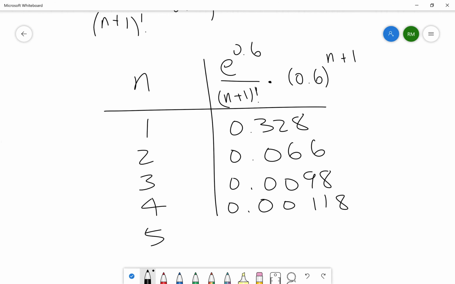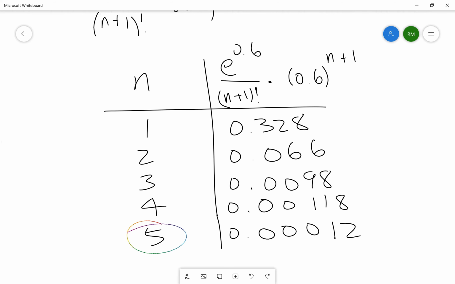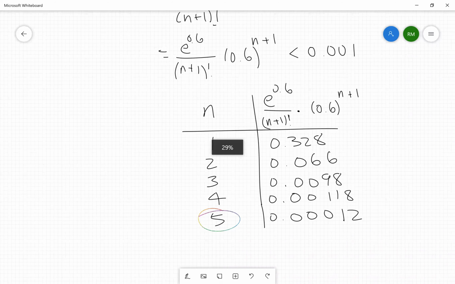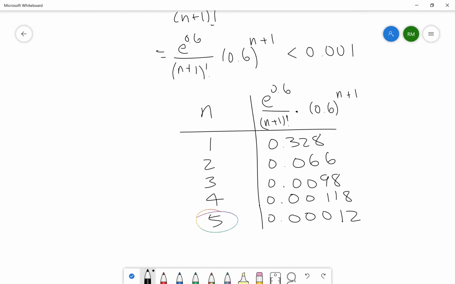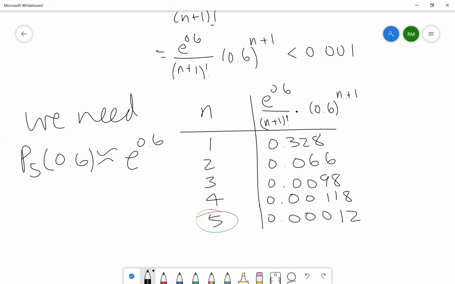And then I have 5, which is 0.00012, roughly. And so here we have a winner. So what this tells us is we need P5 of 0.6 to approximate e to the 0.6 within 1/1000th.